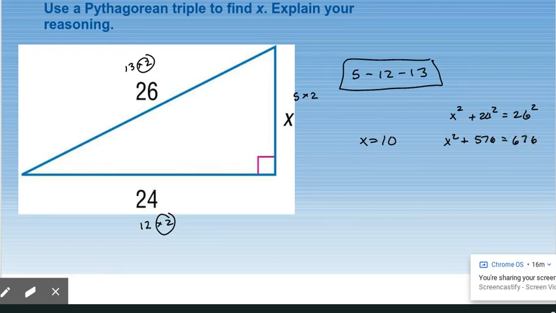I subtract 576 from both sides, and I'm going to get x squared equals 100. Square root both sides, and x equals 10. Using the Pythagorean triple is a nice way to get it without having to do all that other work, if you see it, that is.